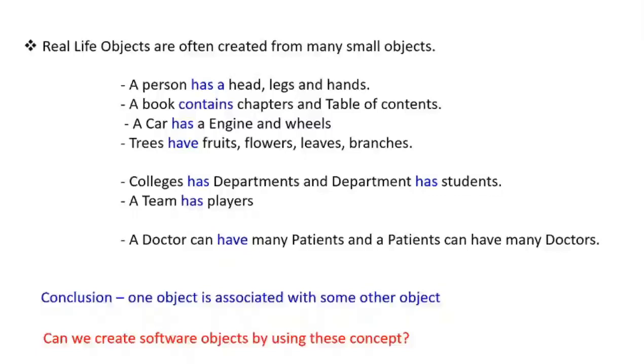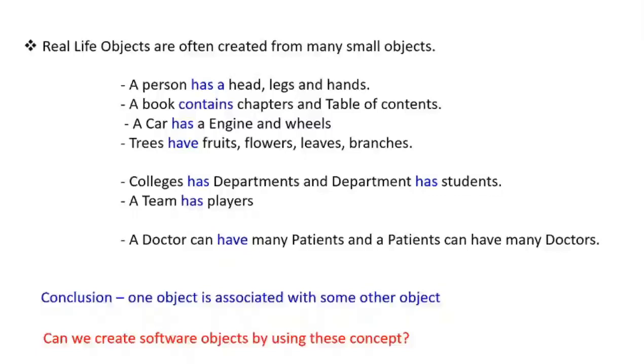Another surprising example we can see here is that a doctor can have many patients and patients can have many doctors. Here one to many, many to one sorts of relationships exist. So what is the conclusion of this? One object is associated with some other objects. The relationship is a kind of association.